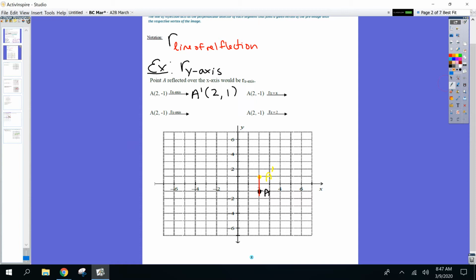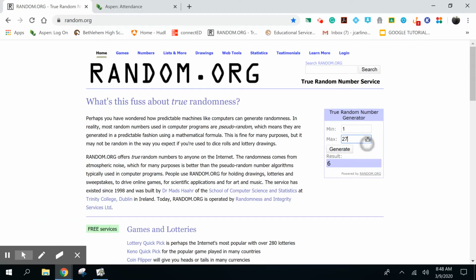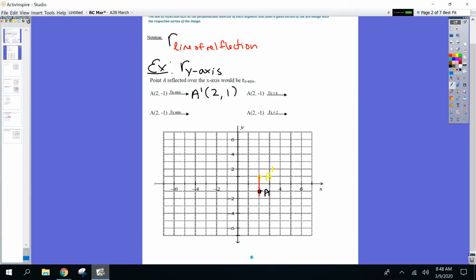All right, let's go on to the next one. Now I'm going to reflect over the y-axis. Still 2, -1. How many units away is A from the y-axis? 2, so distance stays preserved.